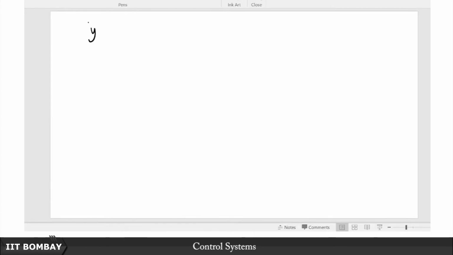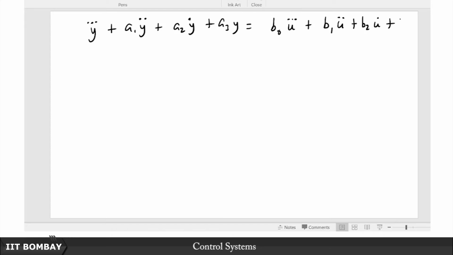So for instance, here you have y triple dot plus a1 y double dot plus a2 y dot plus a3 y is equal to, let us say, b0 u triple dot plus b1 u double dot plus b2 u dot plus b3 u.